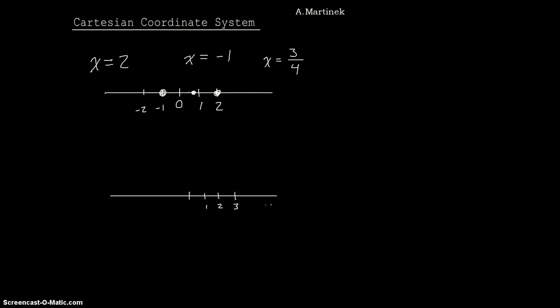So this is our sort of plus direction, just like our number line that we're used to. This would be the negative direction, so from 0 we'd have negative 1, negative 2, etc. But I'm going to put another number line 90 degrees from the first, going right through 0.